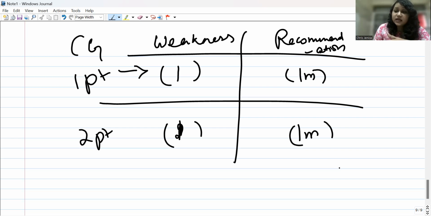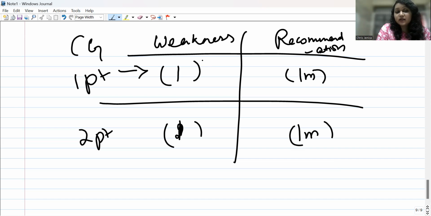Why am I saying the finance director cannot be part of the audit committee? Why am I calling it a weakness? The audit committee should be comprised of NEDs, right? And particularly the finance director should not be part of it because he is the person responsible for the preparation of financial statements. And being in the audit committee, it would be a review of their own work, right? So that is the weakness.